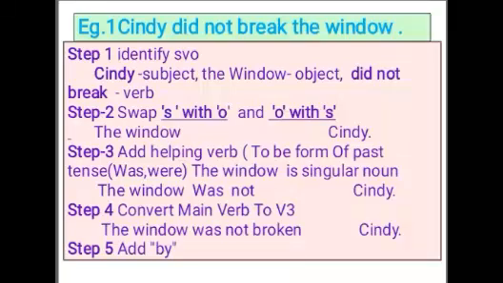Broken is the third form of the verb, so broken is written here after not. Step 5 is to add by before Cindy, the object of the passive sentence. Let's read the answer. The window was not broken by Cindy.